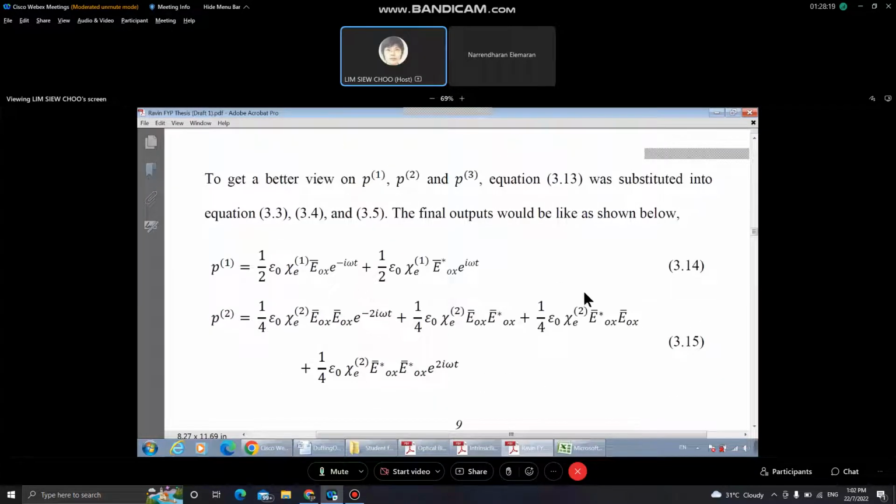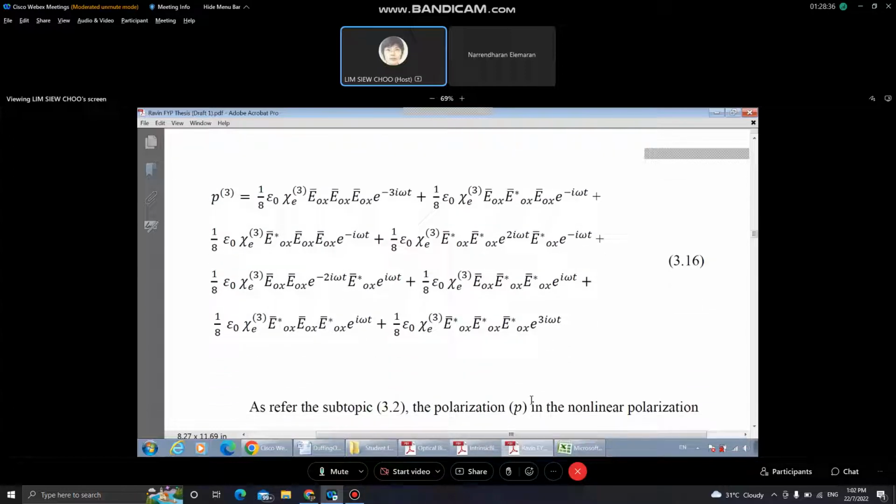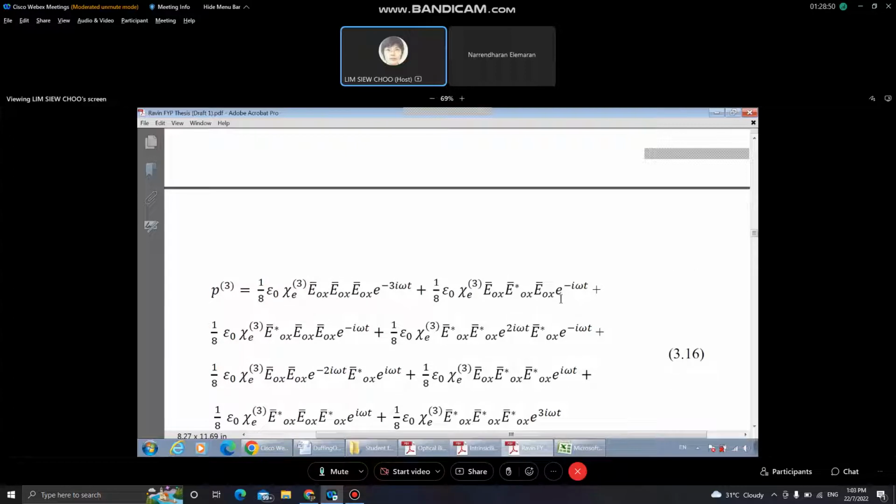If you want to put the conventional, maybe you can put it in the theory part for the conventional nonlinear optics. For example, you have the P1, P2, P3 like this, and then straight away you give the result of chi1, chi2, and chi3 for the Duffy oscillator, because in this chapter 3, the theory, you can put the Duffy oscillators already, right?